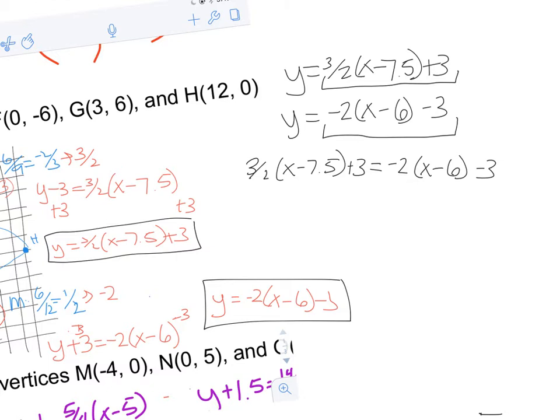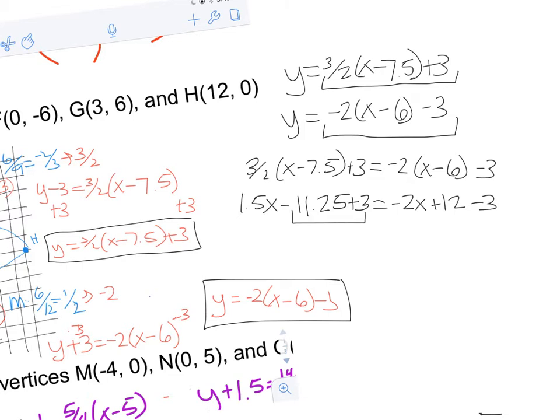I'm going to distribute and clean things up a little bit here. So 3/2 is the same as 1.5, so I have 1.5x minus 1.5 times 7.5, which is 11.25, plus 3 equals negative 2x plus 12 minus 3.